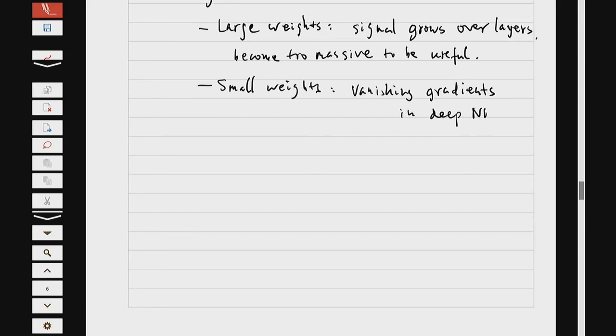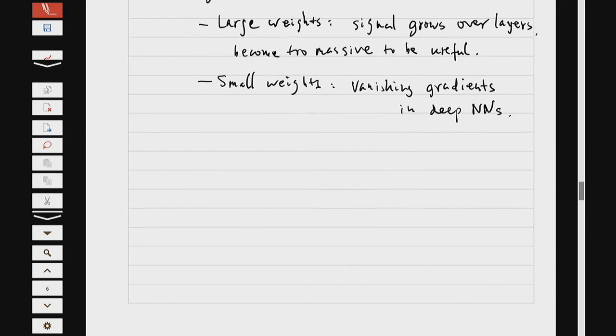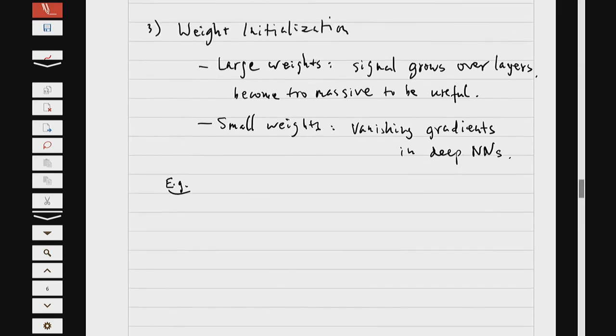Deep neural networks means that you have many, many layers. The weights are too small to transfer any information between layers. Therefore, you have to have a good way to do initialization. You have to pick the right size.